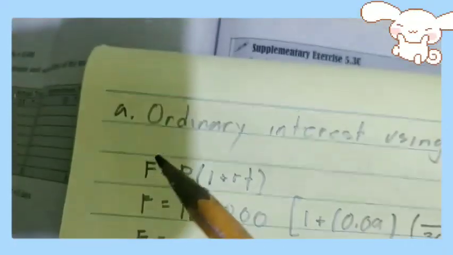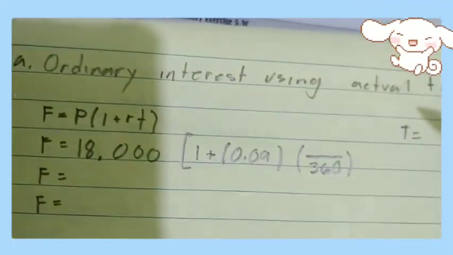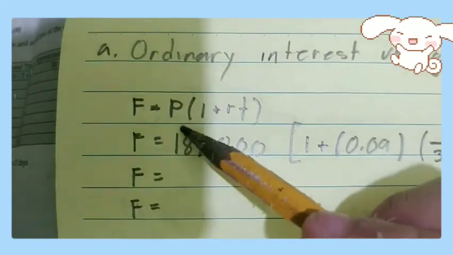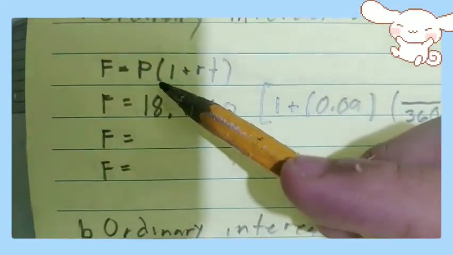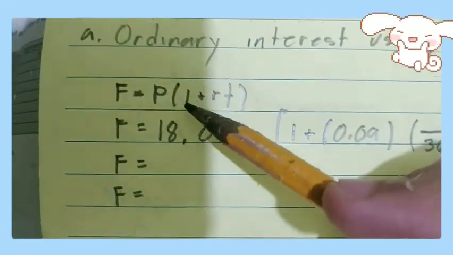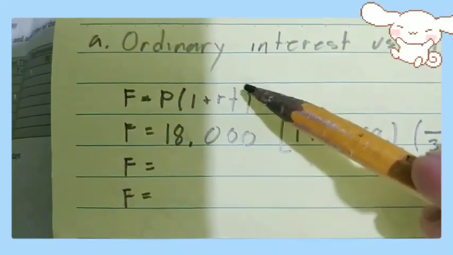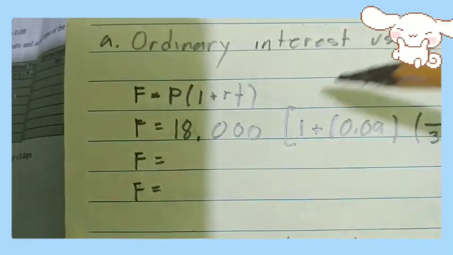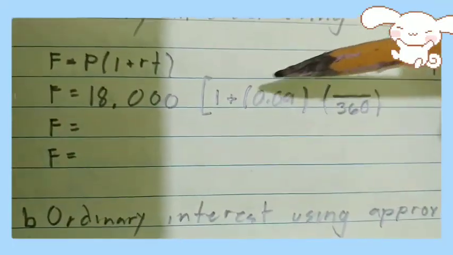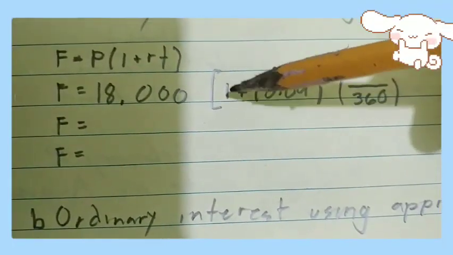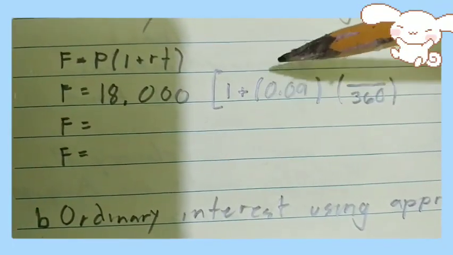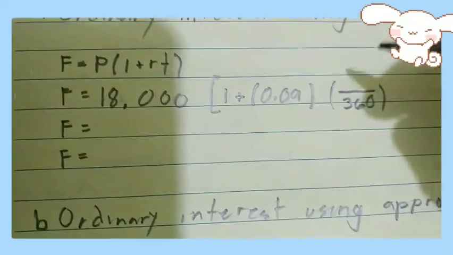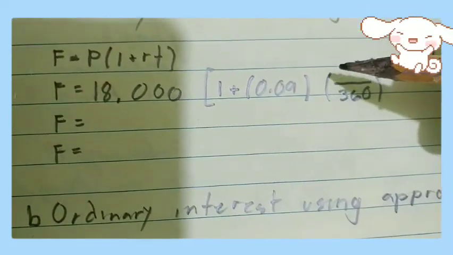So letter A, ordinary interest using actual time. Our formula is F equals P open parenthesis 1 plus RT close parenthesis. So F equals 18,000 times 1 plus open parenthesis 0.09 close parenthesis, and open parenthesis.